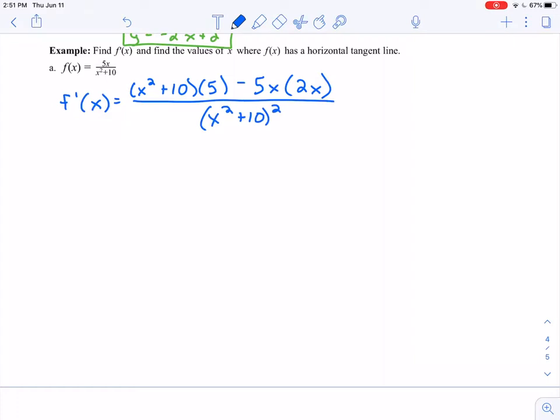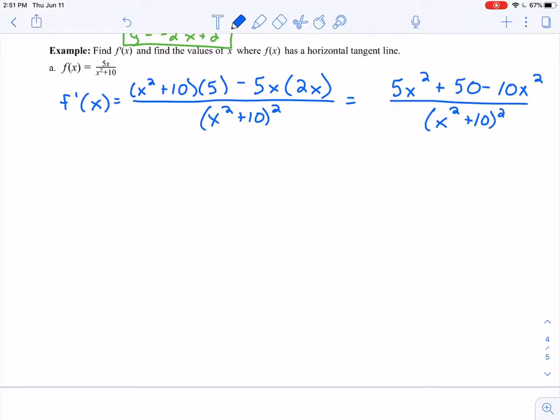So first we need to simplify that numerator. We need to kind of clean that up. So we can distribute the 5. I've got 5x squared plus 50 minus 5x times 2, I've got 10x squared, divided by x squared plus 10 quantity squared.